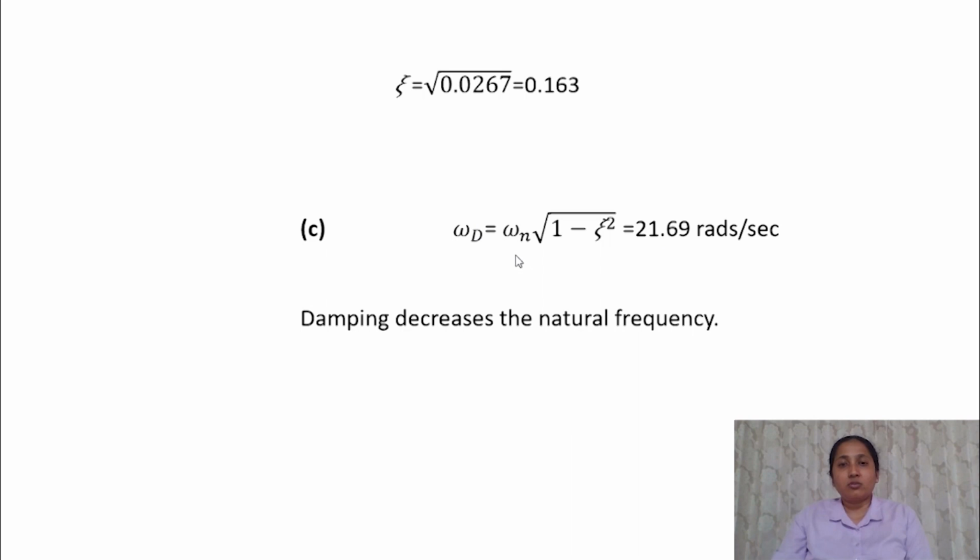So how is omega n different from omega d? This zeta is not a very small value here, so this term is less than 1. So omega d will be less than omega n. So the damping decreases the natural frequency. Because of the damping, the frequency of the system decreases.